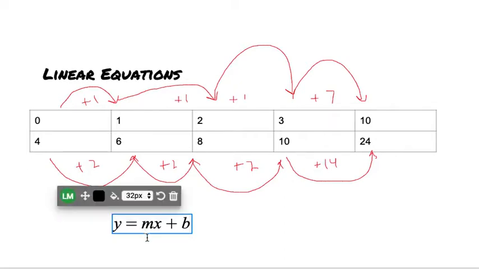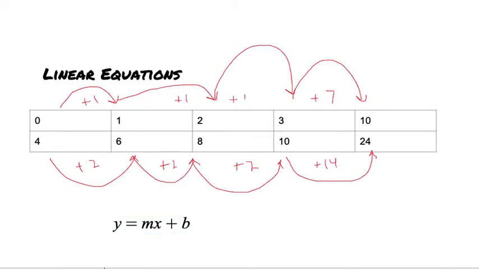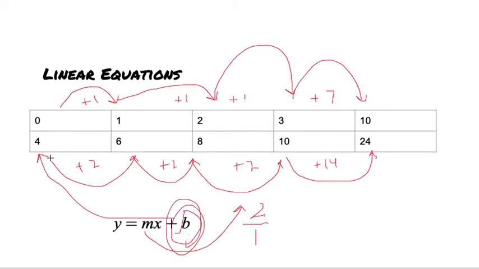So where would be my slope? Again, my slope right here would be 2 over 1. That's going to be my slope. My starting value, that b, is going to be right here. So if I had to write that equation, I would go ahead and write y equals 2x plus 4.